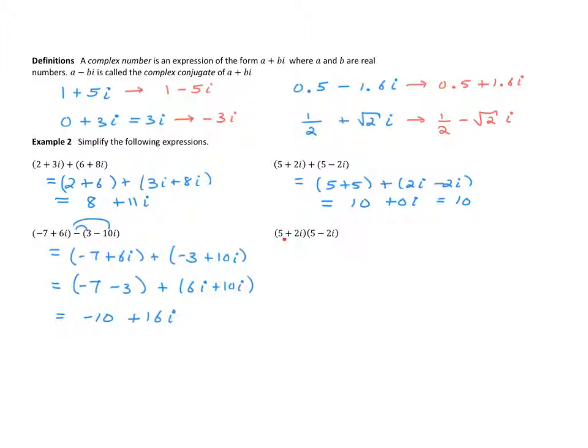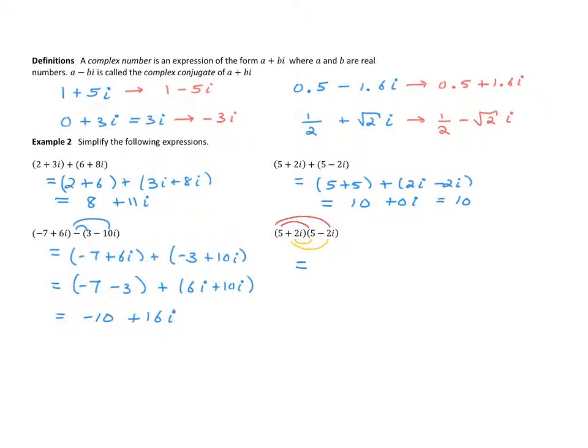And for this last one, okay, now we're not adding or subtracting, but we're multiplying two complex numbers together. And notice that this one here actually is what happens if you multiply a complex number with its conjugate. So to do this, we just have to use the distributive property where 5 first gets multiplied into both terms, and then this 2i gets multiplied into both terms. Let's write that out.